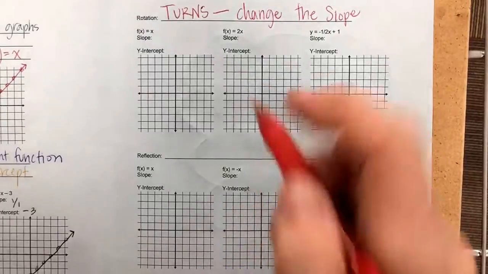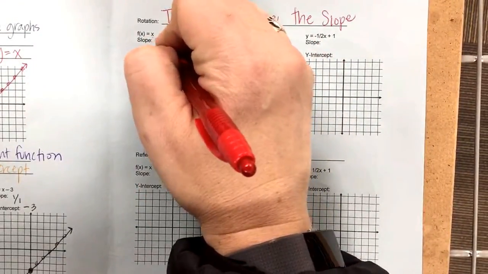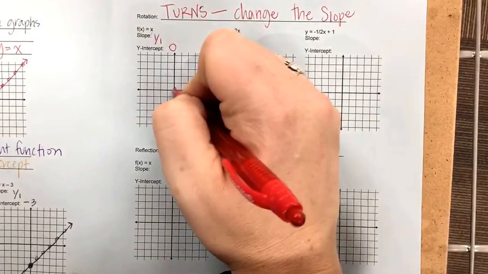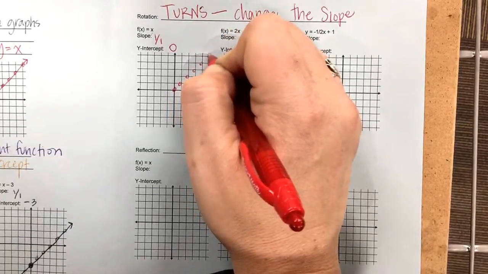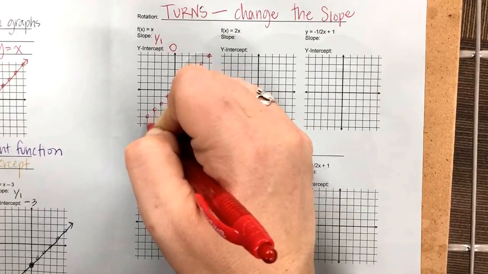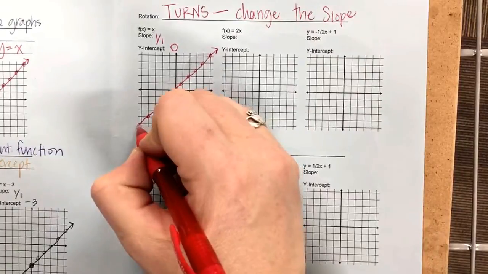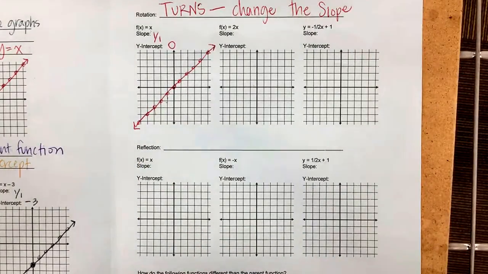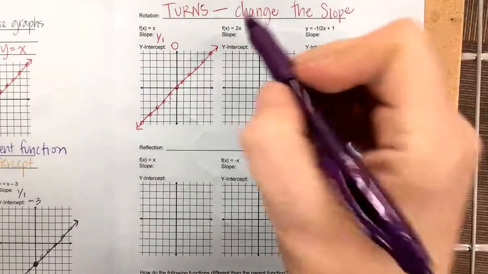So again, we're going to start at the parent function, f of x equals x. So the slope of the parent function is 1 over 1, and the intercept is 0. So there's my parent function. And we're going to compare this change in slope.